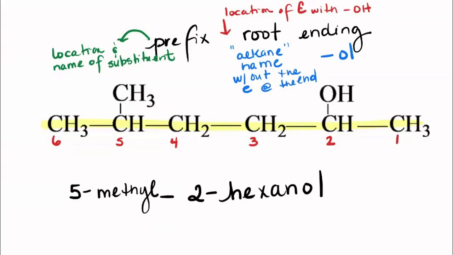And you can see that we still need hyphens every time we are dividing numbers and words. So the correct name for this alcohol is 5-methyl 2-hexanol. Let's do another example.